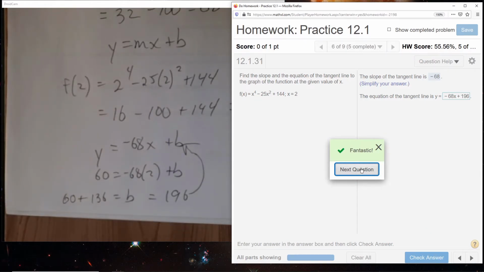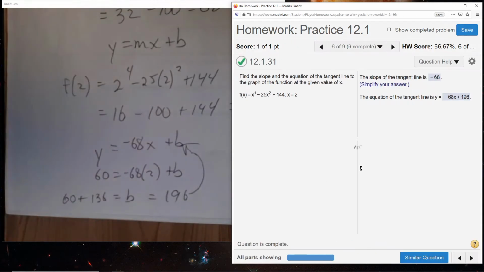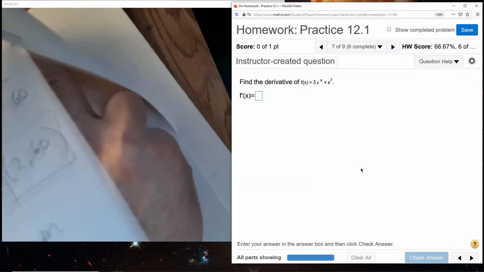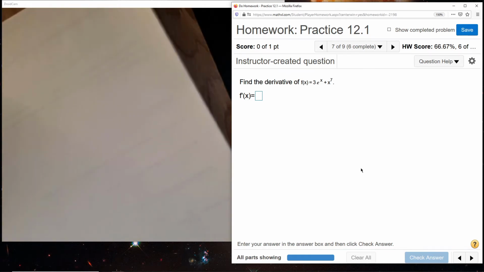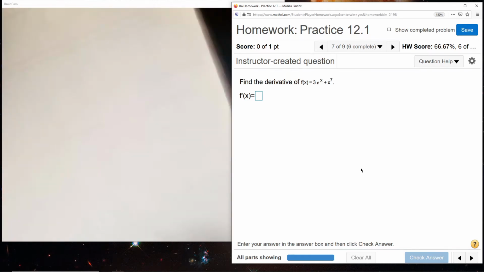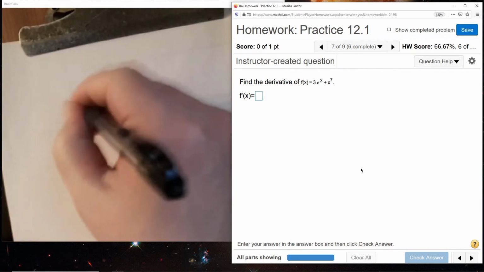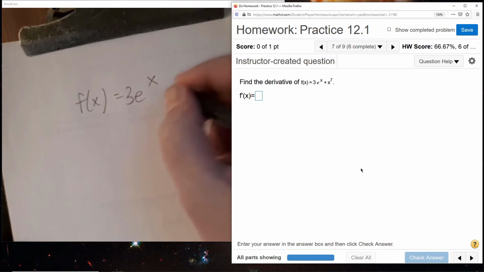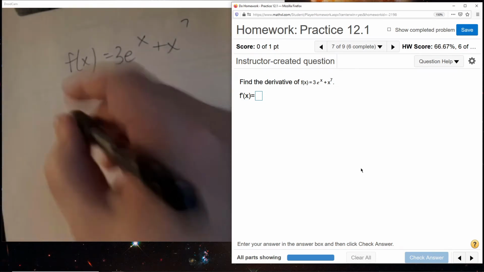So question 7. So we've got 3e to the x plus x to the 7th. We want that derivative.